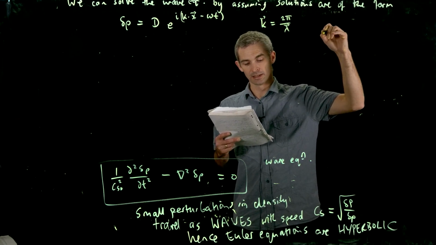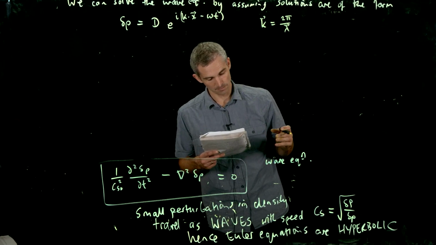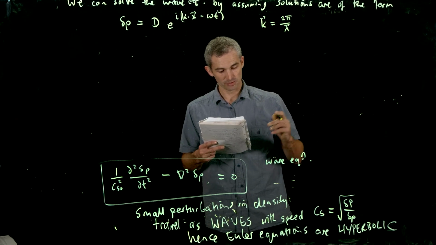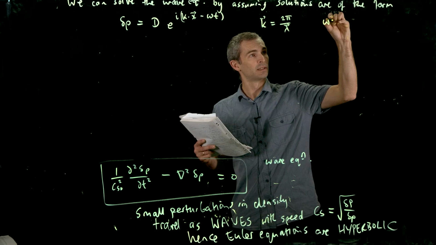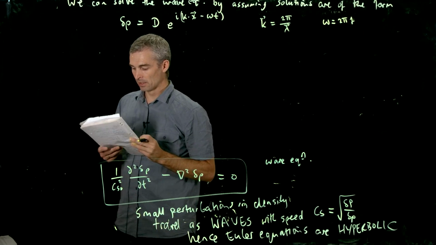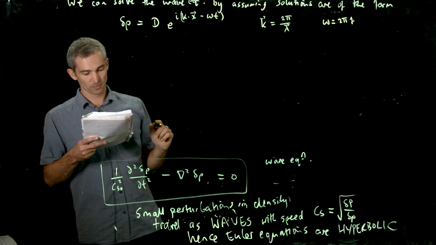And omega is the frequency, or the angular frequency. So omega is 2 pi times the frequency. Right, so in other words, we have d squared dt squared.